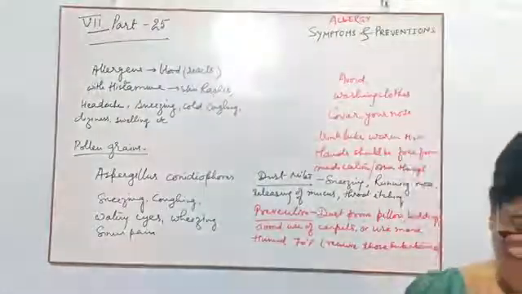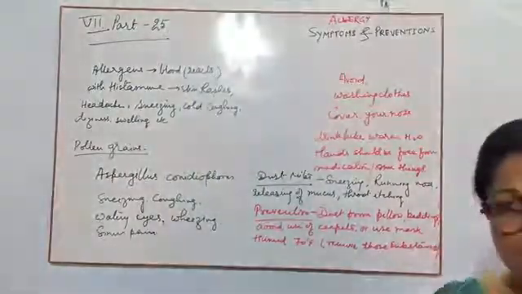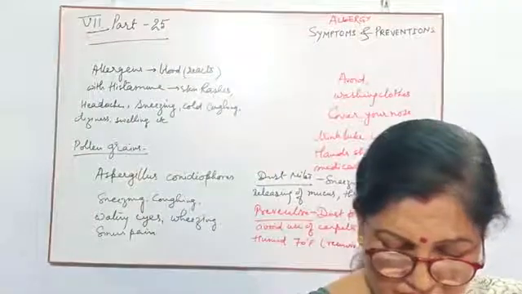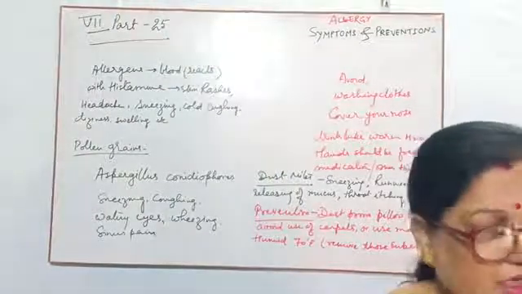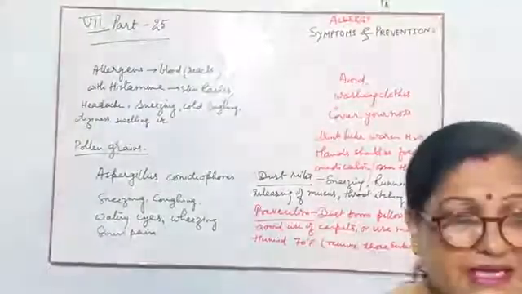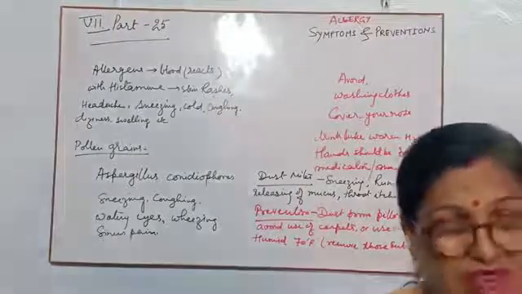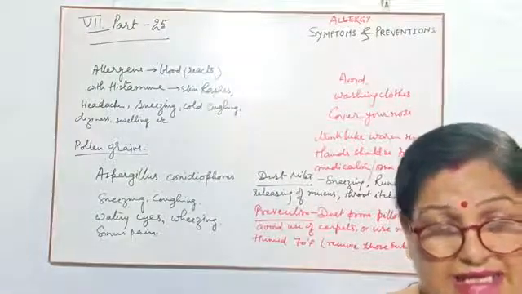Then wheezing, or some of them have sinus pain. Sinus pain, children, you know, is when it attacks the brain. So the parts of the brain, or the circulatory system of the brain, gets disturbance, and due to that disturbance parts of the brain show some headache type.